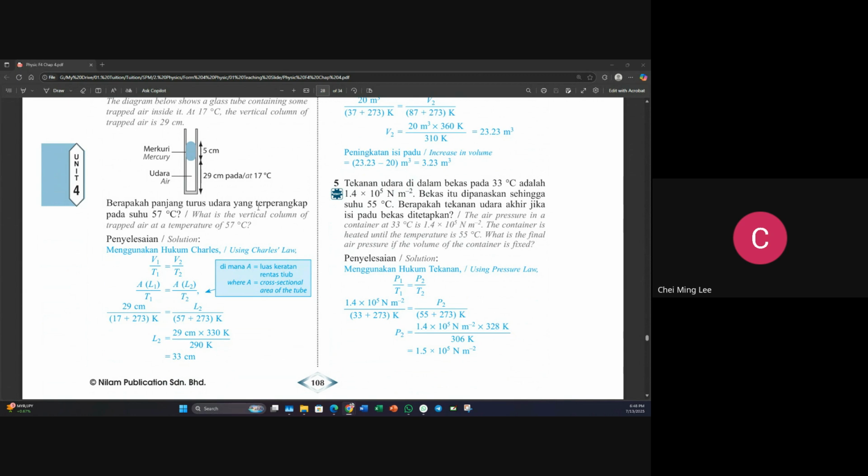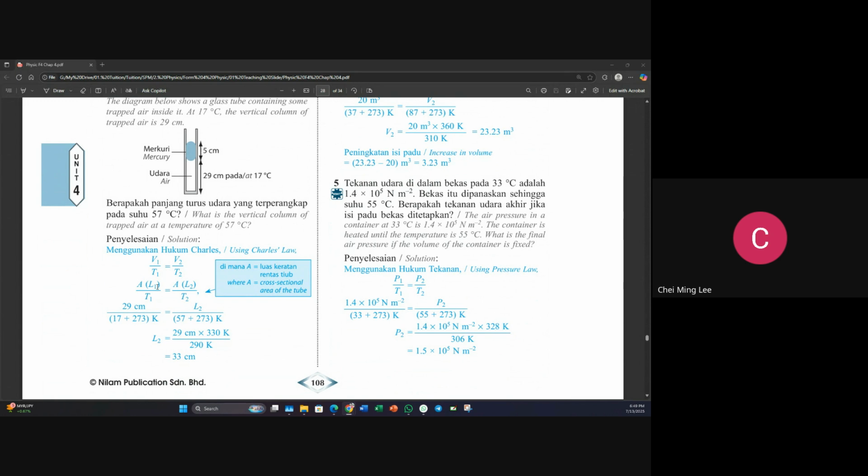We can use V over T, Charles' law, because it gives you V, in terms of the vertical column in cm. We break this V into the area, because the area of the tube, the cross-sectional area, is always the same. So the only difference is this one, correct?